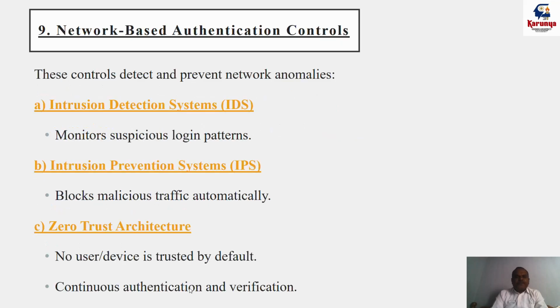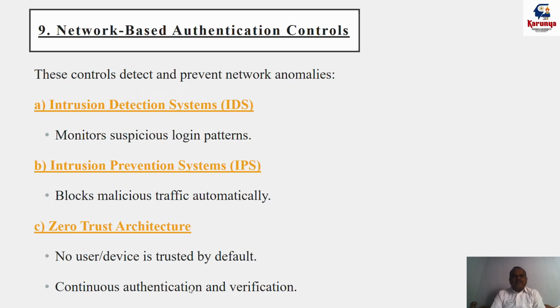Then network based authentication controls. There are three different types available. Number one is IDS, the intrusion detection system, which monitors suspicious login patterns. Then IPS, the intrusion prevention system, blocks malicious traffic automatically.